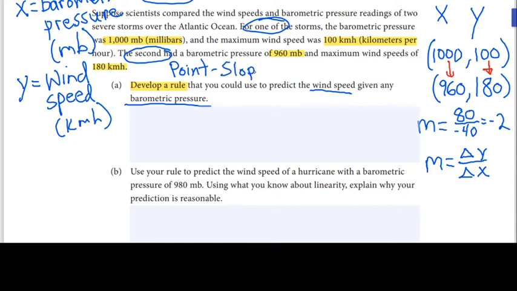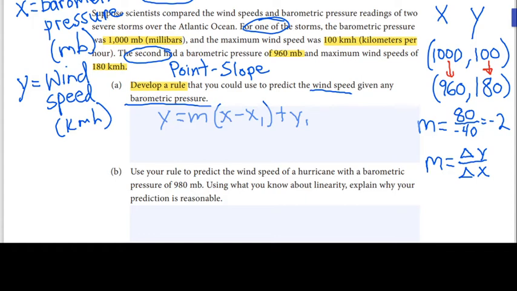The point slope formula says this: y equals m times x minus x1 plus y1. All right? Well, guess what? Point slope formula is for when we have a slope and a point. All we need is a slope and a point.